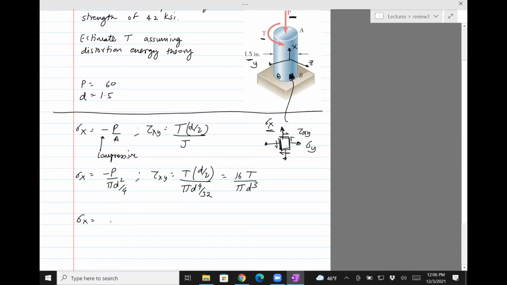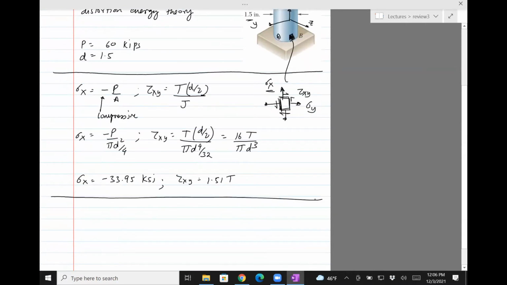That comes out to be minus 33.95. It's going to be ksi, because I kept the value of force in kips, right? And tau xy, which we'll solve in terms of torque, comes out to be 1.51 T. T is unknown.